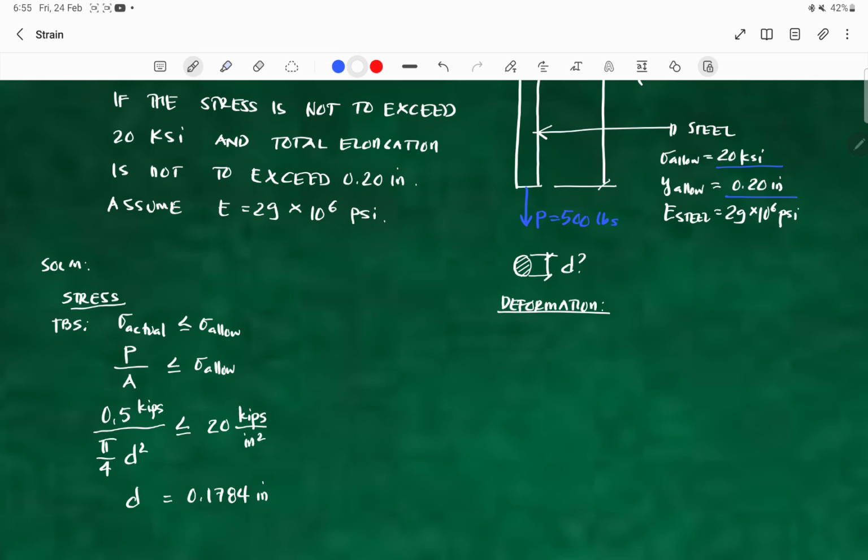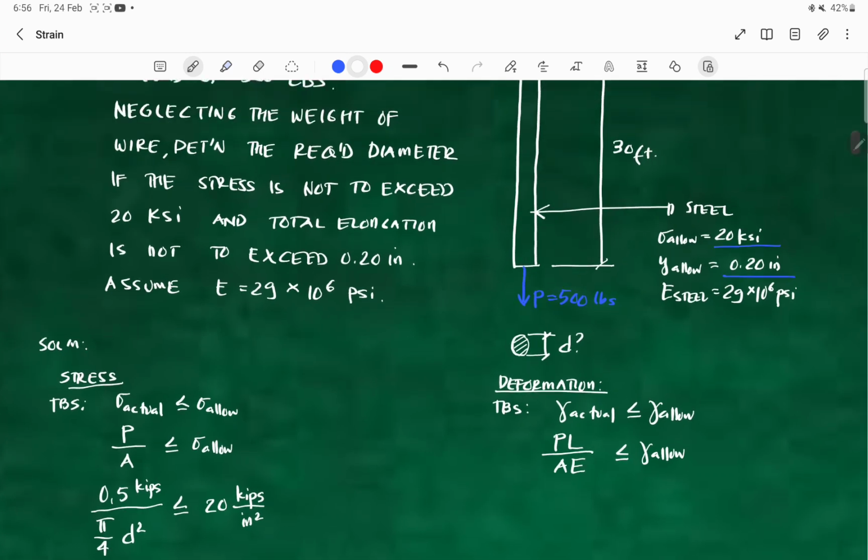inch. Okay? For deformation naman, in order to be safe, dapat yung actual deformation must be less than or equal sa allowable na deformation. So, the actual deformation is force times length over area times E, and this must be less than or equal sa allowable na deformation. We have this force applied.